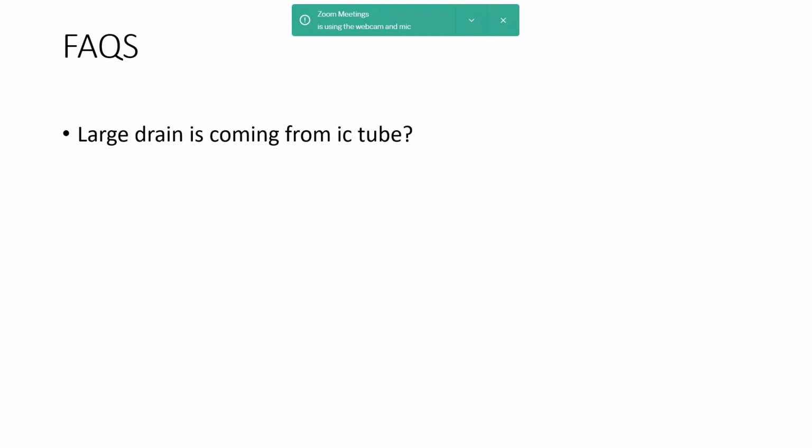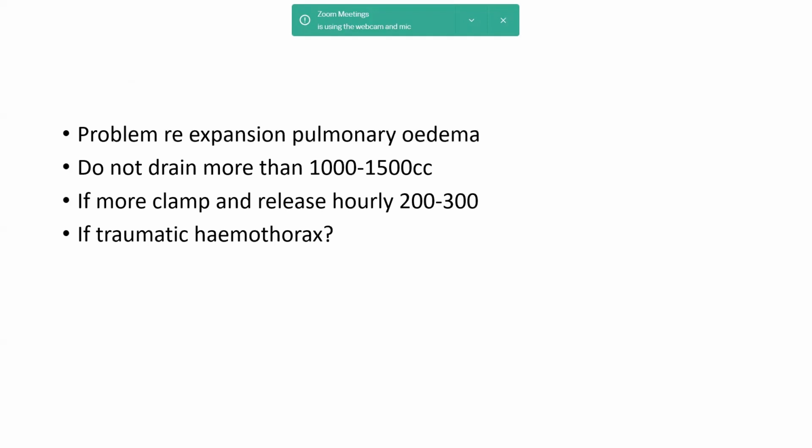The next question, very commonly asked. Large effusion, large collection coming out of the tube. What can I do? I think Dr. Dilip can answer this. The problem we are having is re-expansion pulmonary edema when you remove a large volume.